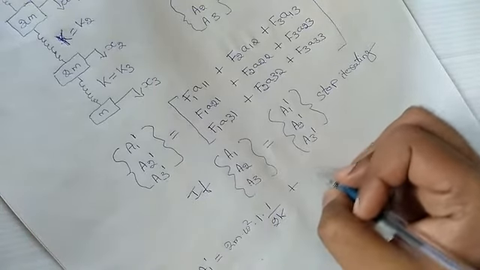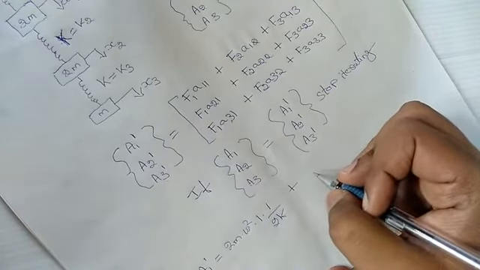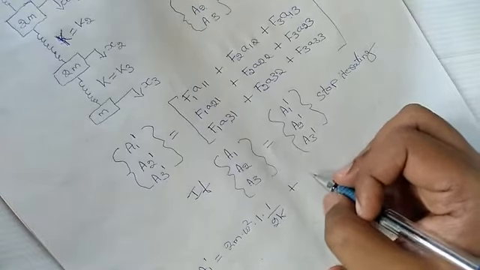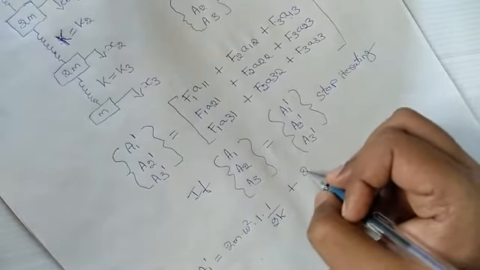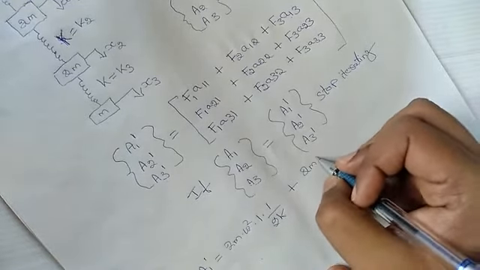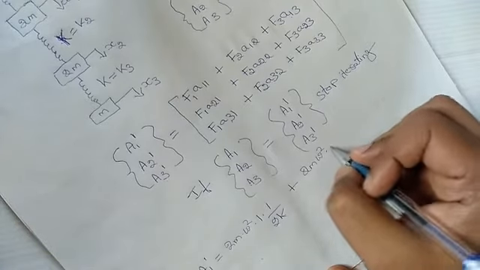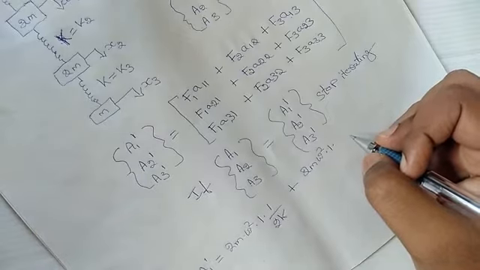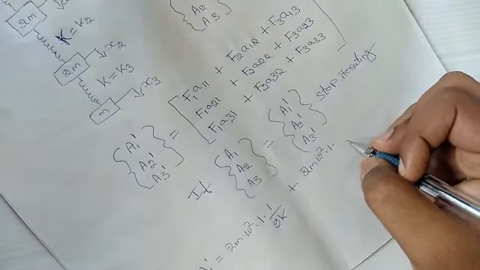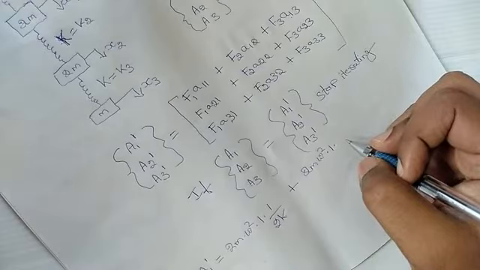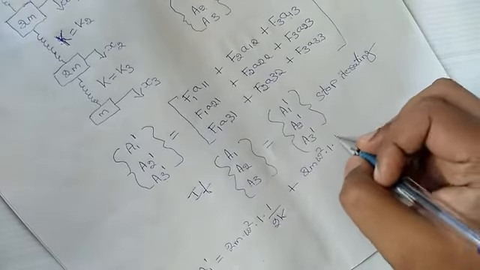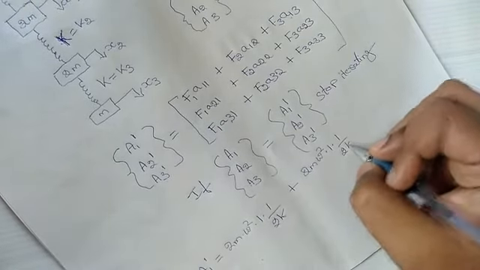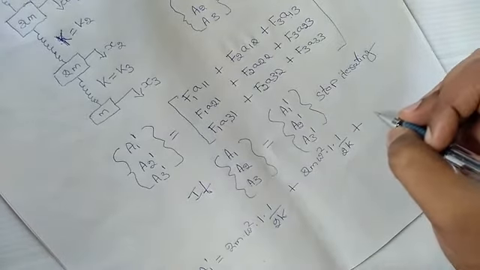Okay, so f2 a12. What is f2? F2 is again 2m omega square into 1, into a12. What is a12? A12 is nothing but 1 by 2k, plus f3 a13.